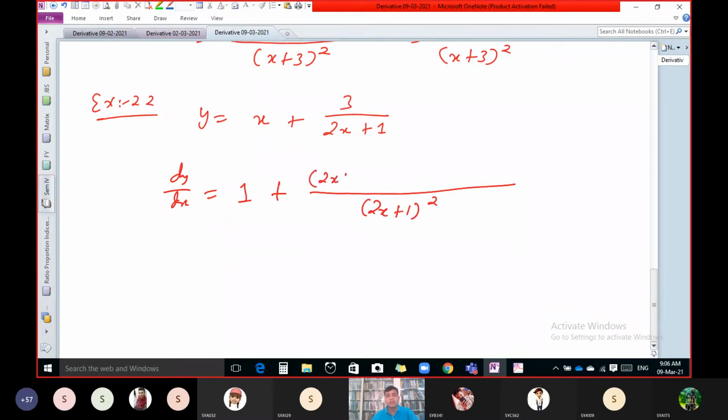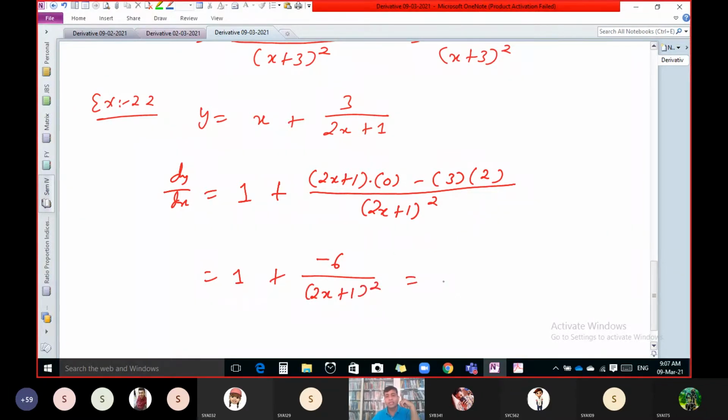Then here you have to write 2x plus 1 into the derivative of 3, 0. 0, minus 3 as it is, into 2. Perfect. So this 1 plus, now see 0 into anything is 0, and 3 2s are 6. So we get 0 minus 6, that means minus 6 upon 2x plus 1 the whole square.